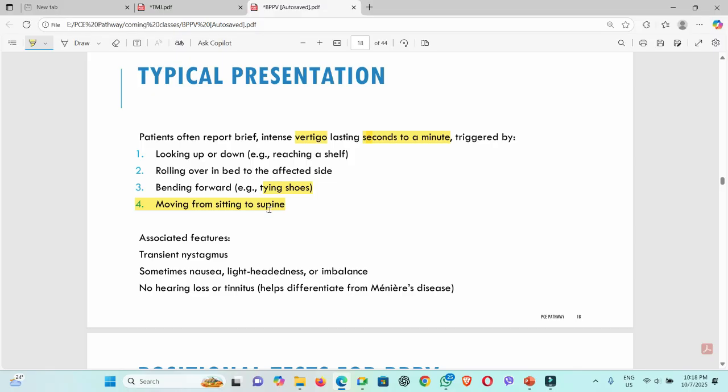Think it is BPPV. All these words are important. They can frame questions from these things.